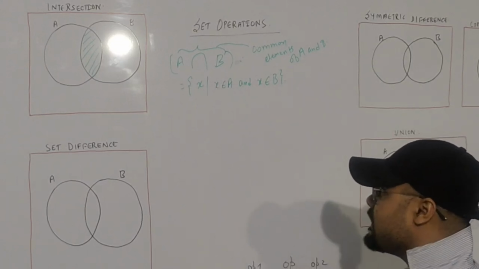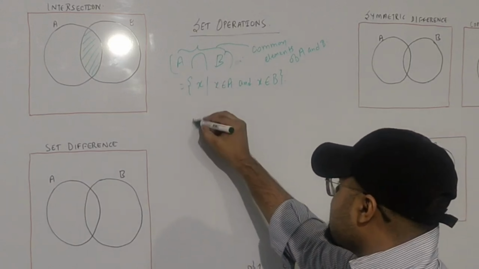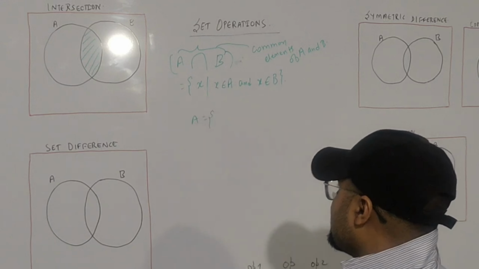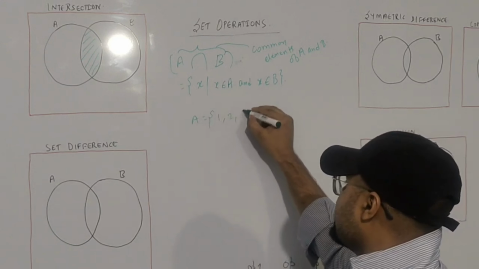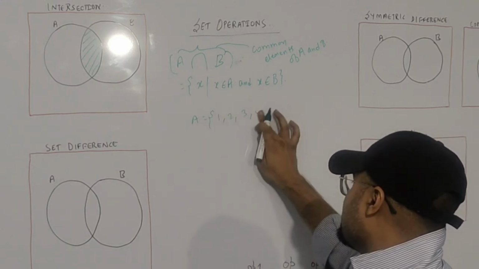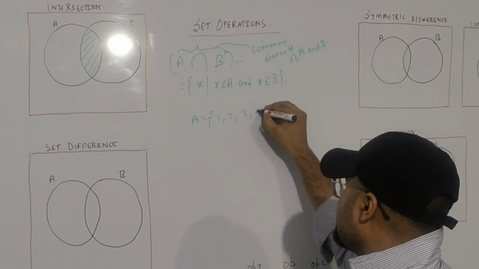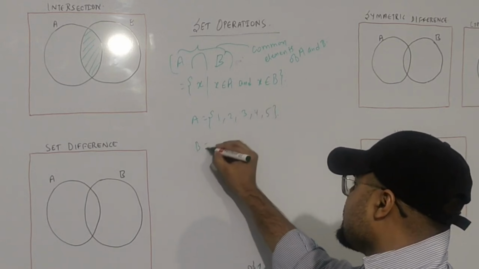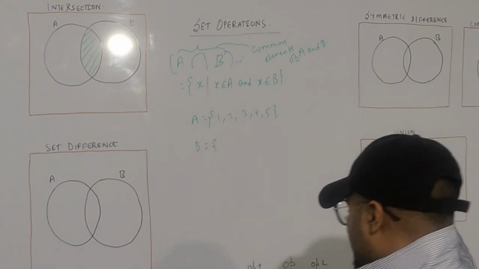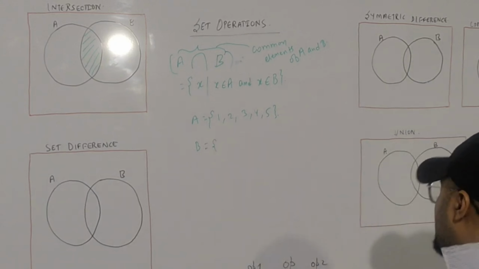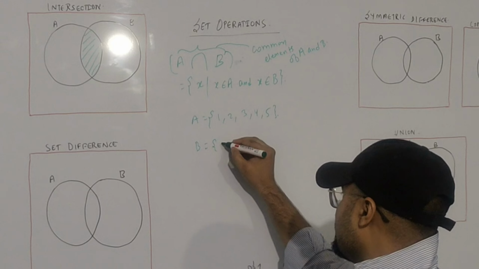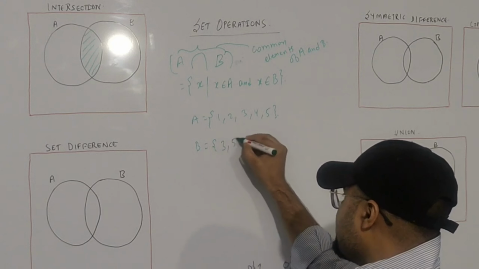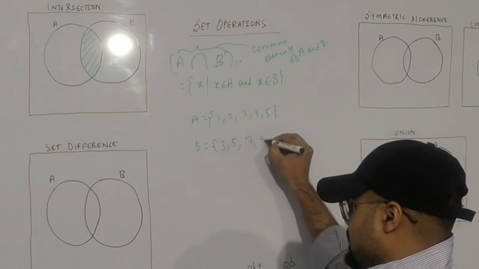For example, if A is, let's say, 1, 2, 3, 4, 5, and B is, let's say, 3, 5, 7, 9.